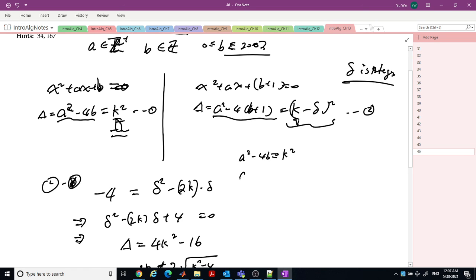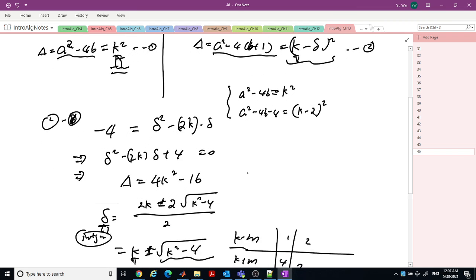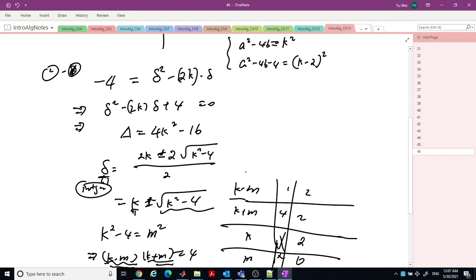And a squared minus 4b minus 4 is equal to (k minus 2) squared. Okay, so now we solve k equals 2.